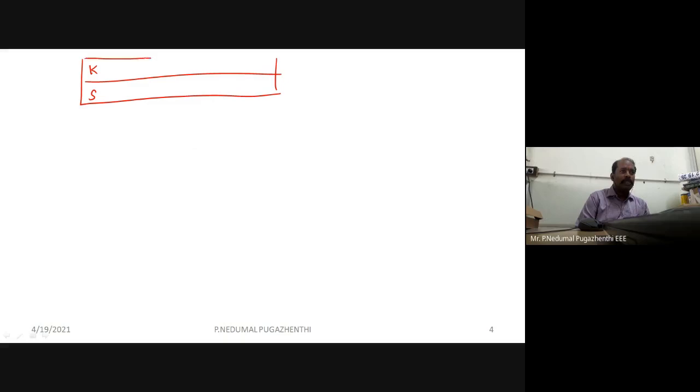So this is my table. K starts from 0, 1, 9, 99, 999, infinity, it goes on. s is minus 1, minus 0.5, and then minus 0.1, not 0.01.